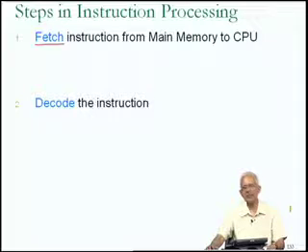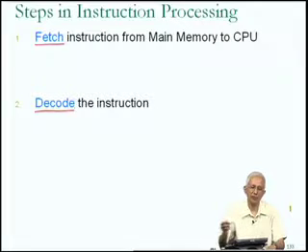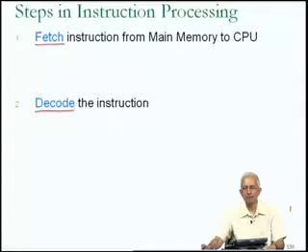Now the first thing that the processor hardware must do is, given that the instruction is present in the instruction register, it must understand the instruction. Typically the name that is given for this step of processing of the instruction is decode. You will remember that the instruction is present in memory in binary form, and some of the bits of the instruction contain information about what the instruction is supposed to do.